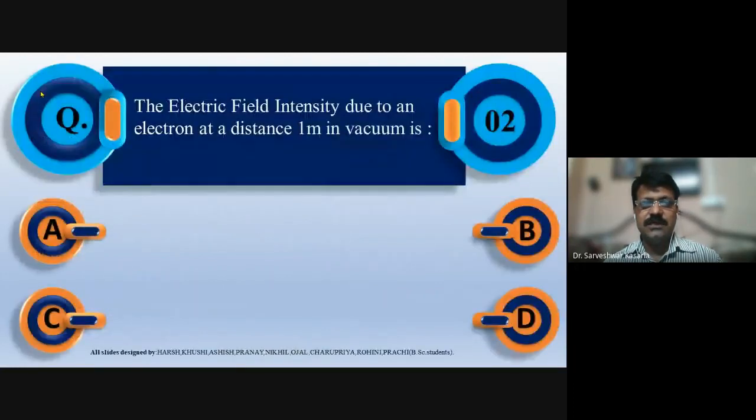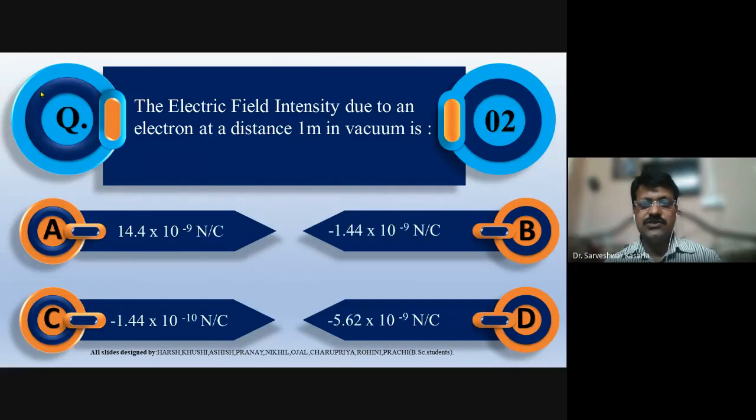The electric field intensity due to an electron at a distance 1 meter in vacuum is. So here the electric field intensity is to be found. So your time starts now. A simple formula you have to use. E is equal to 1 upon 4 pi epsilon 0 Q upon r square is the formula.